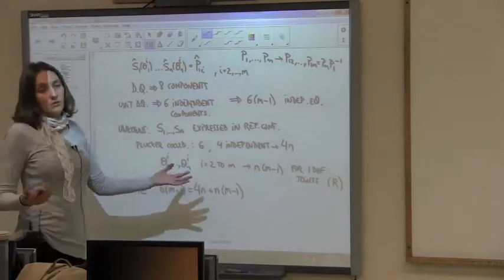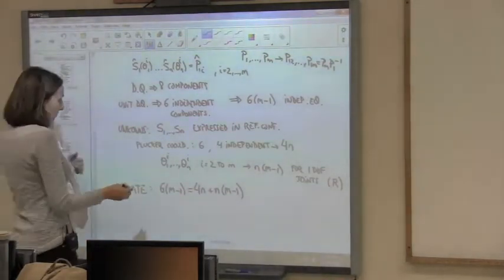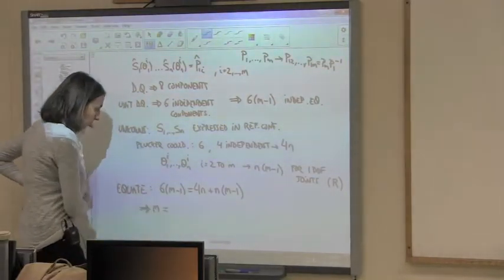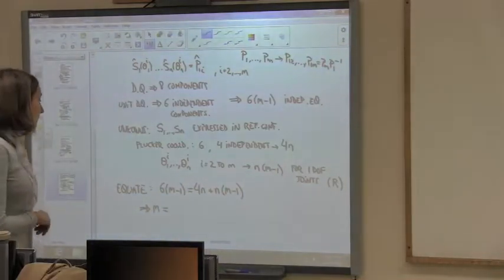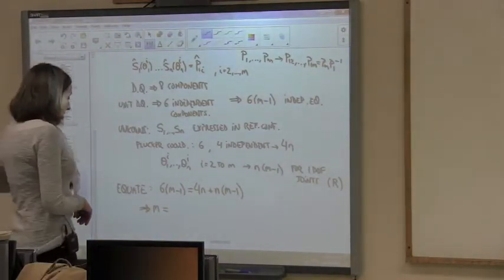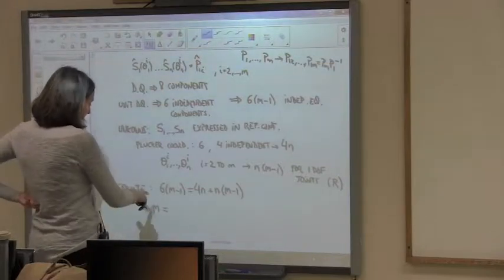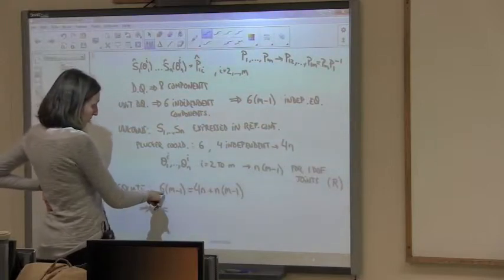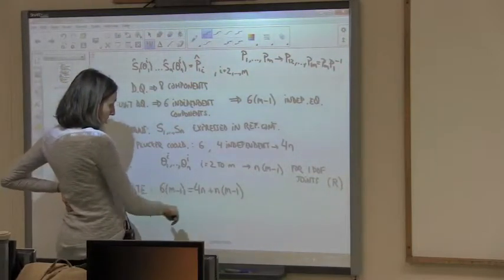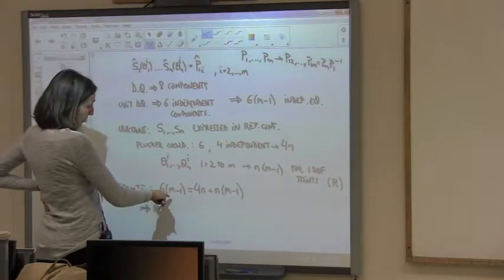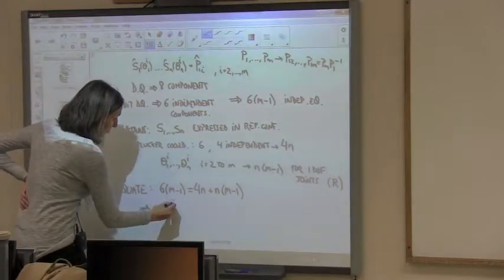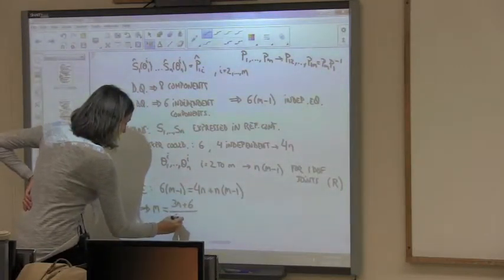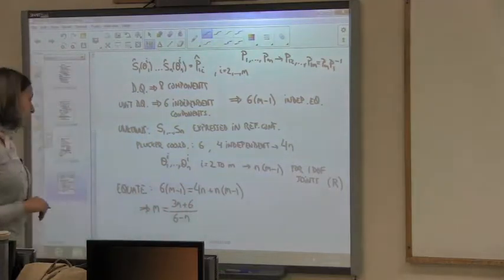Number of equations, number of unknowns, and now we solve for m. So 6 minus n times m equal to 4n minus n, so 3n plus 6, right? Six minus n. Is that right?